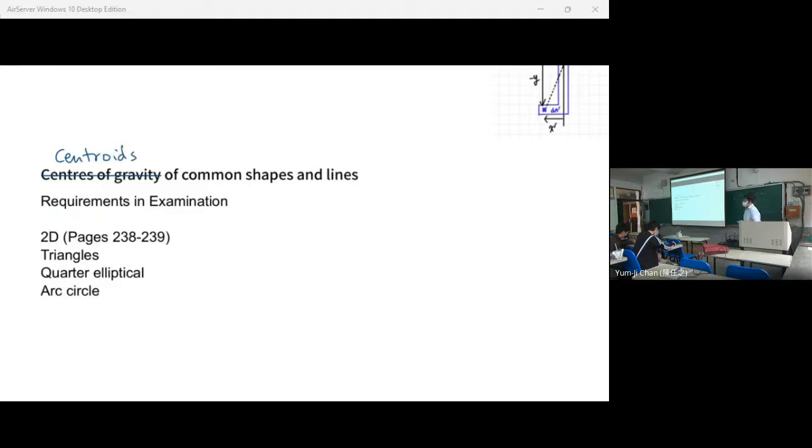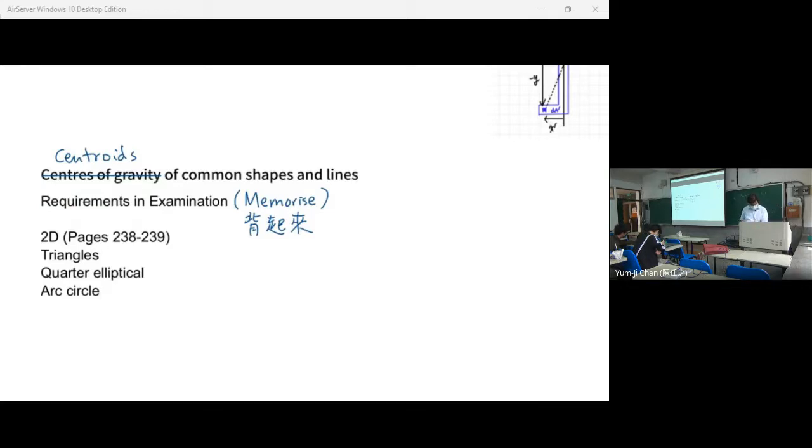The requirement in the examination means you need to memorize those.